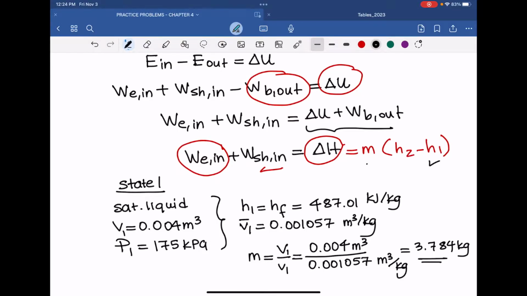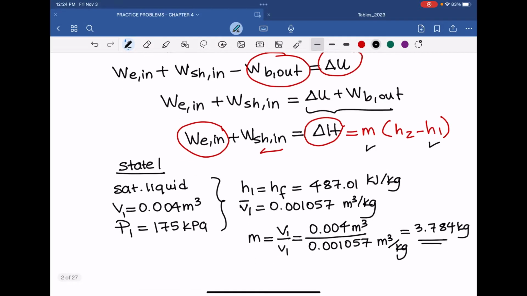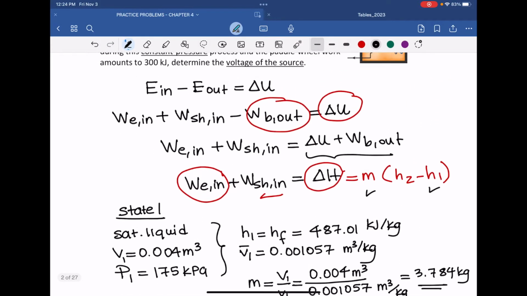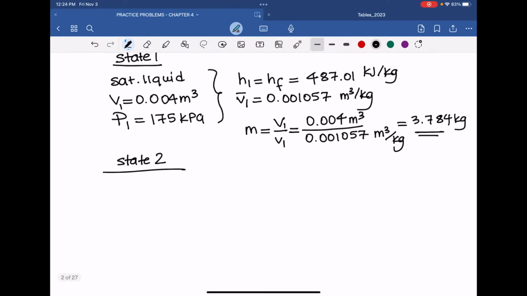This one we figured out, this one is done. We need to figure out H2. Let's analyze the second state. What do we know about the second state? First of all, we know that it is a constant pressure process, so we know the pressure.